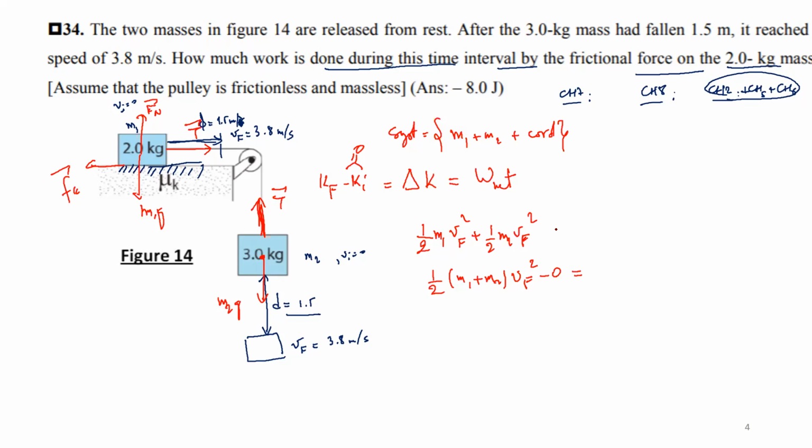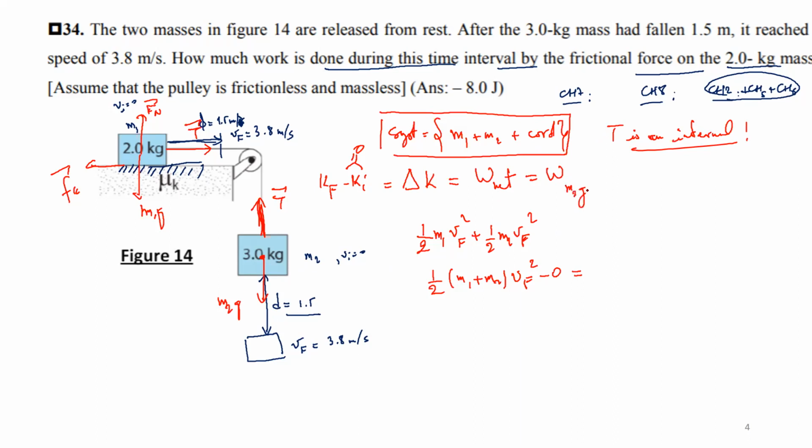Net work. Now, what is the net work applied on my system here? Now, of course, because I defined the system as this, now the tension is an internal force. Tension is an internal force. So it will not get into consideration here. I don't need to calculate the work of the tension. Okay. So net work here will be the work of what? Gravitational force. But I'm talking about this gravitational force, let me call it M2G.